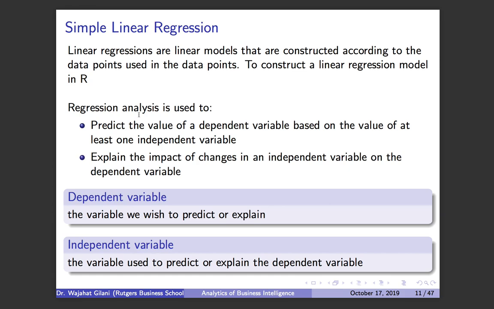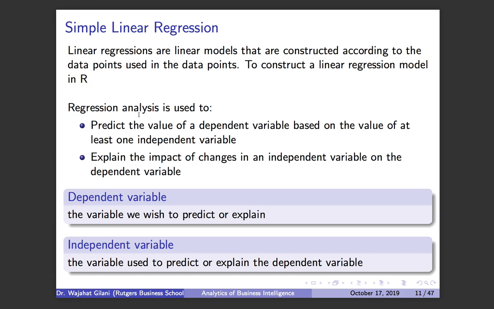And regression analysis explains the impact of changes from the independent variable to the dependent variable. Like if the body weight changes by 20 pounds for each individual, how much does that affect how much they can bench press, right?